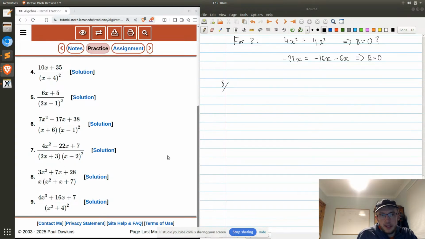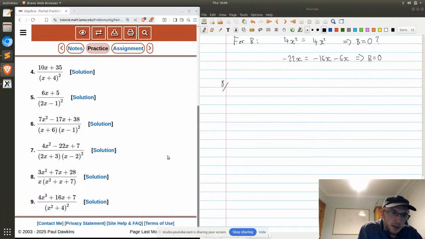And now for the 8th problem. If I apply b squared minus 4ac just for no reason really at all, I get 49 minus 12 times 28, which is going to be negative, so it's not factorable and it doesn't have real solutions anyway.